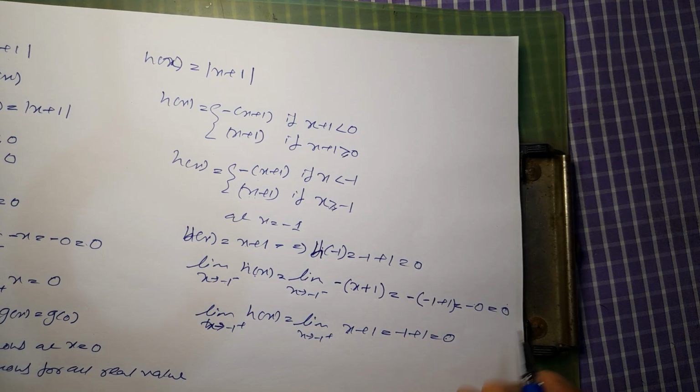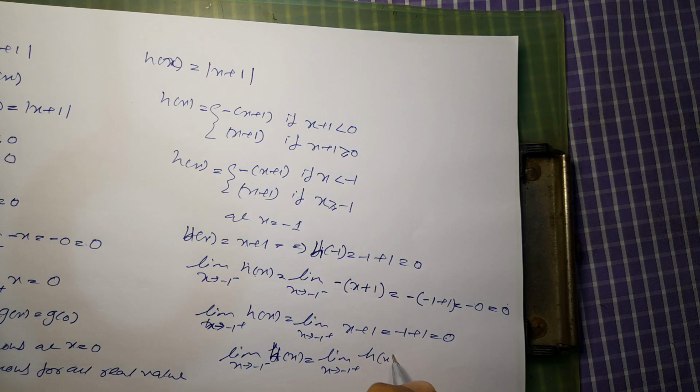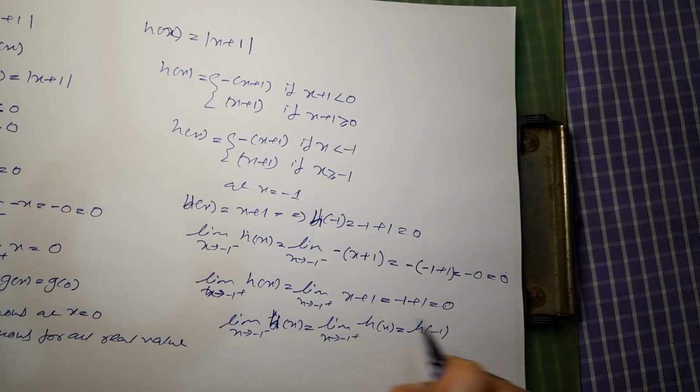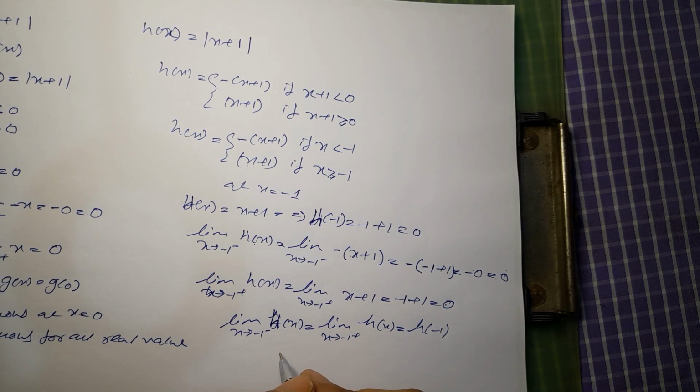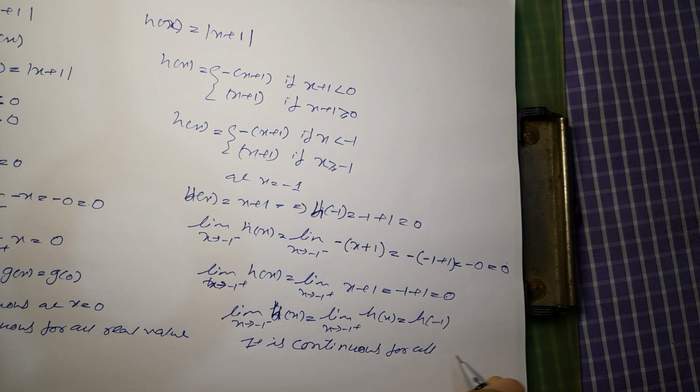All these three are equal, that is limit x tends to minus 1 minus h(x) is equal to limit x tends to minus 1 plus h(x) is equal to h(minus 1). So it is continuous for all real values.